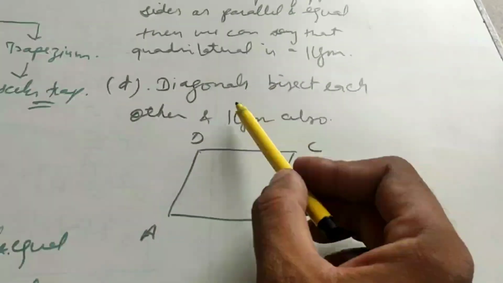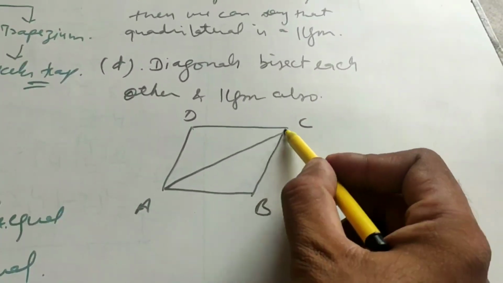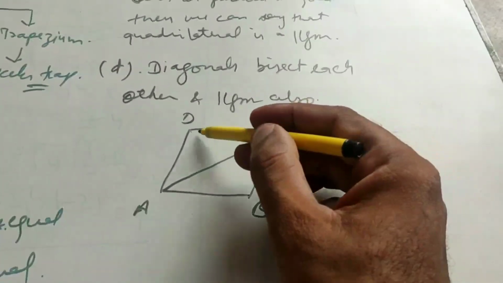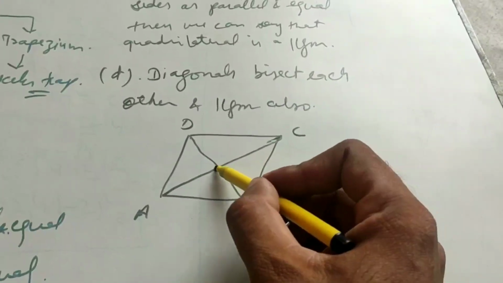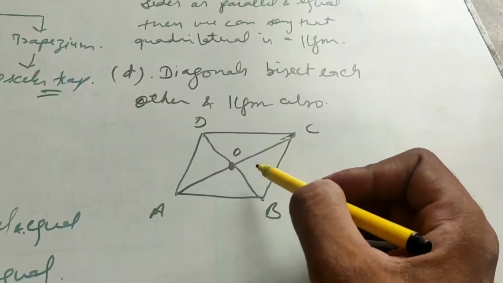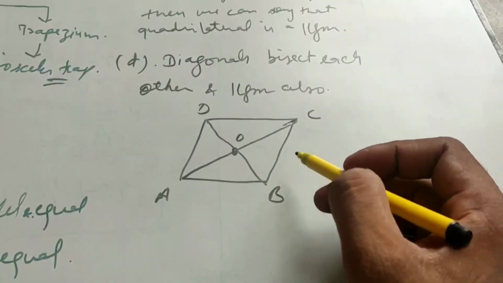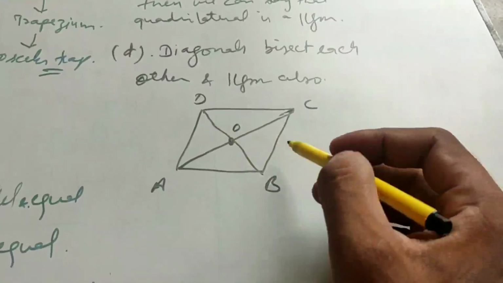In the first part, we are saying diagonals bisect each other. If we join the diagonals, this is one diagonal, and DB is the other diagonal, and this is the point of intersection O. So in the first part, OA should be equal to OC and OB should be equal to OD. Diagonals bisect each other means OA is equal to OC and OD is equal to OB.